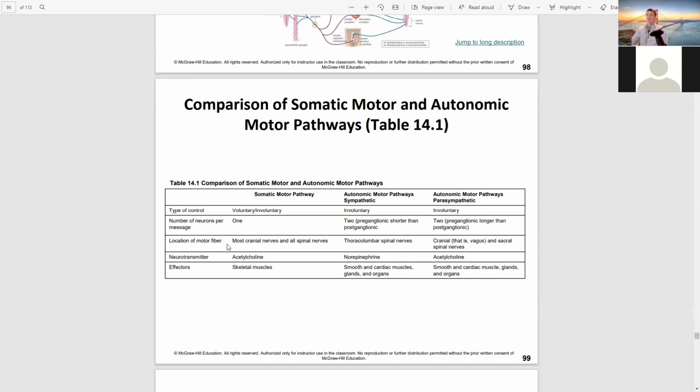The location of the motor fiber in the somatic motor pathway is most cranial nerves and all spinal nerves. And then the major difference there is the neurotransmitters. So in the somatic motor pathway, there's acetylcholine, and then there's norepinephrine and acetylcholine in the autonomic. And then the effectors there are skeletal muscles for the somatic motor pathway, and then smooth and cardiac muscles, glands, and organs for the autonomic pathway.